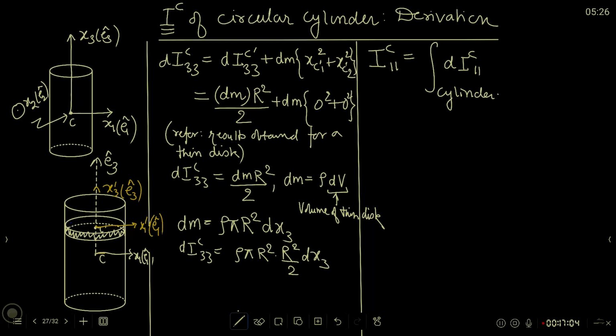Once you have this expression, IC33 for the cylinder will be the integration of dIC33 over appropriate limits, going from x3 equals minus L by 2 to x3 equals plus L by 2.